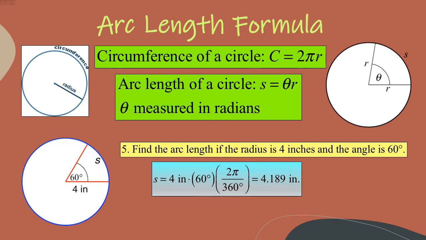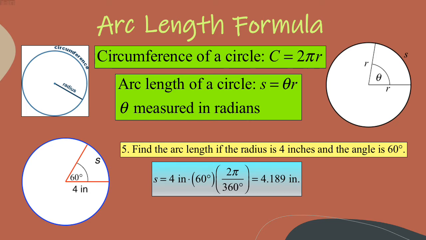In number 5, you are asked to find the arc length if the radius of the circle is 4 inches and the angle is 60 degrees, as shown by the figure. Using the arc length formula, S is equal to r theta, we get that S is equal to 4 inches times 60 degrees times 2 pi over 360 degrees.